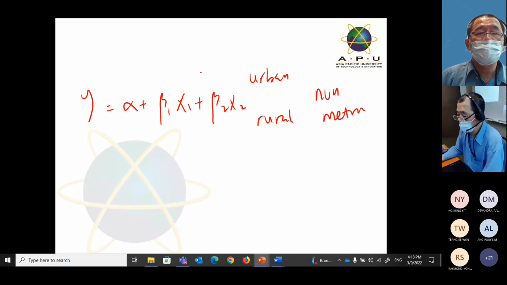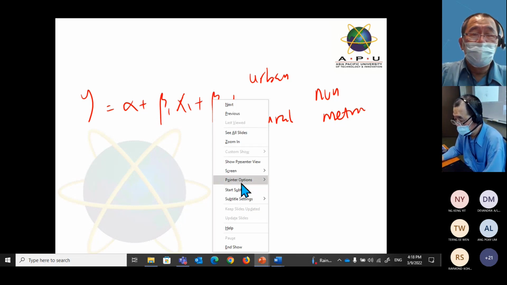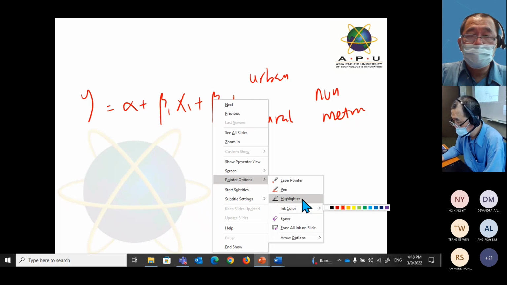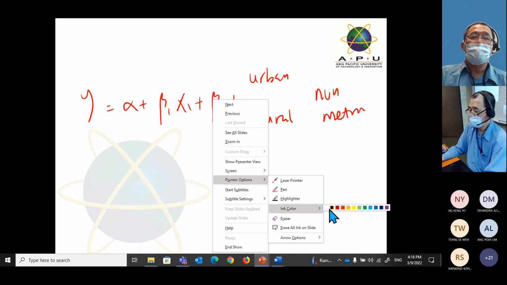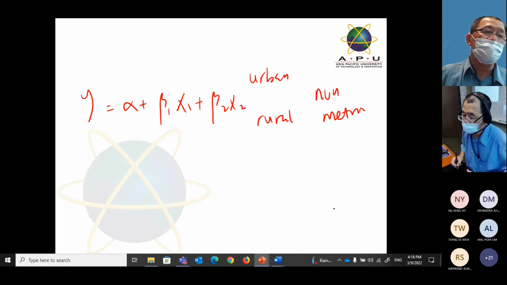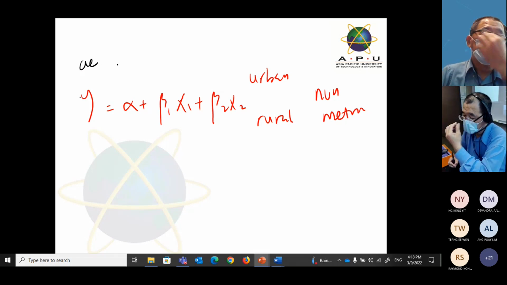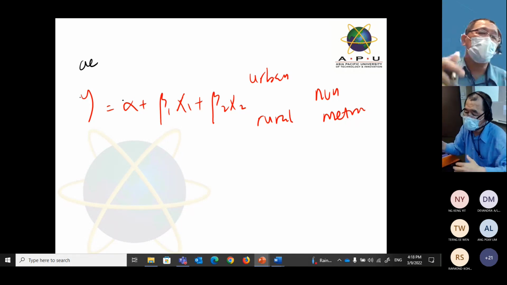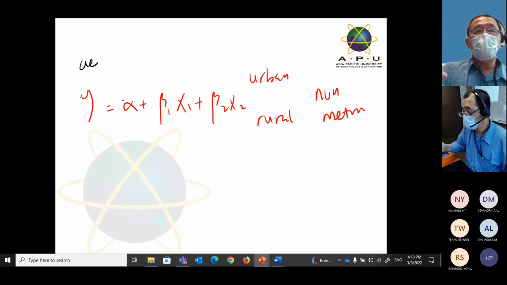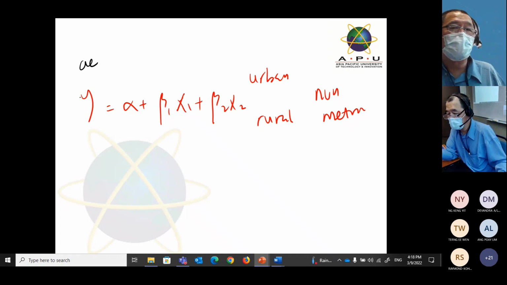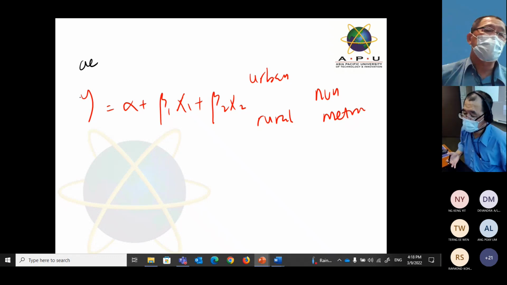For the dependent, the academic performance can easily be metric, because let's say you use their marks in the exam result, so it's metric.